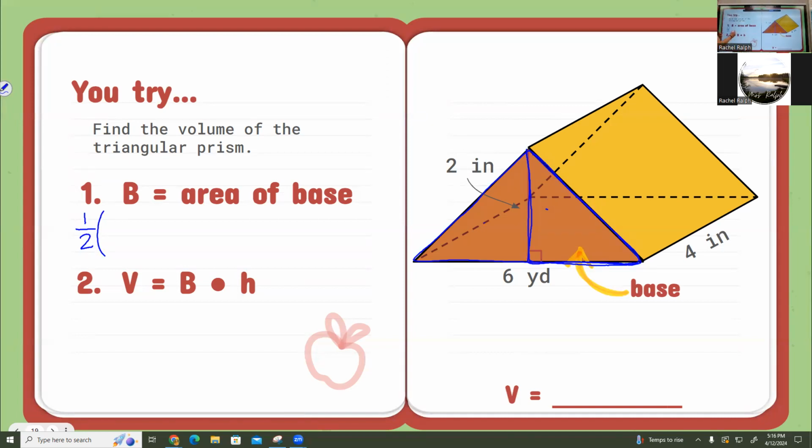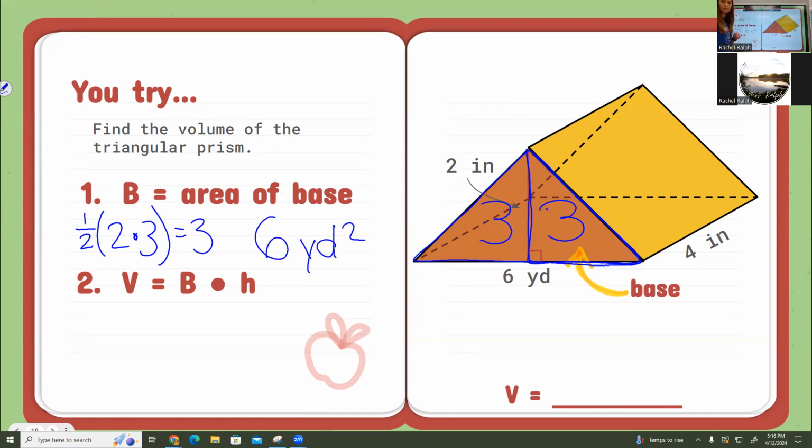So 1/2 of height is 2 times our base. This whole thing is 6, so half of that is 3. So half of 2 times 3, 2 times 3 is 6. Half of that would be 3. However, that's just this part. This part is also 3. 3 and 3 is 6. So 6 square yards is the area of our base.